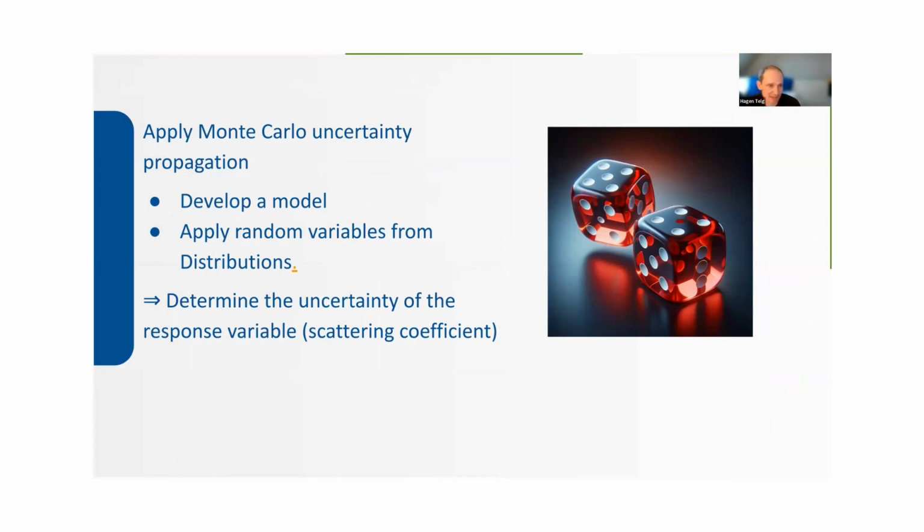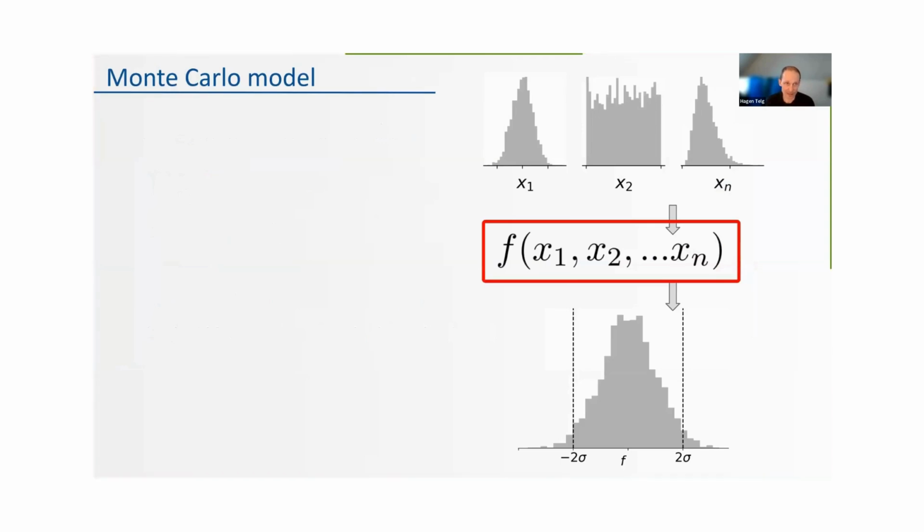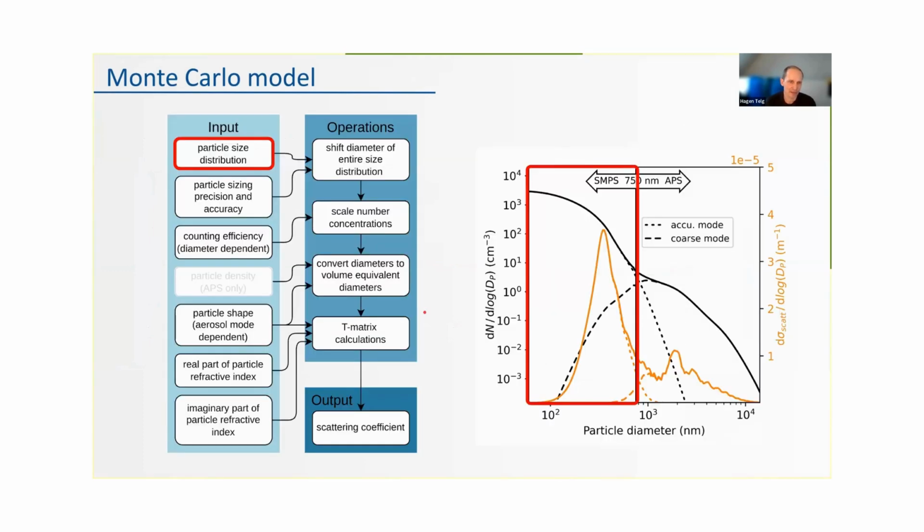I will start with how the model works, and then we'll apply all those random variables from our probability distributions. On this picture, I now will present the functional part of the Monte Carlo model. I'm starting with the particle size distribution. It's again the same I showed earlier.